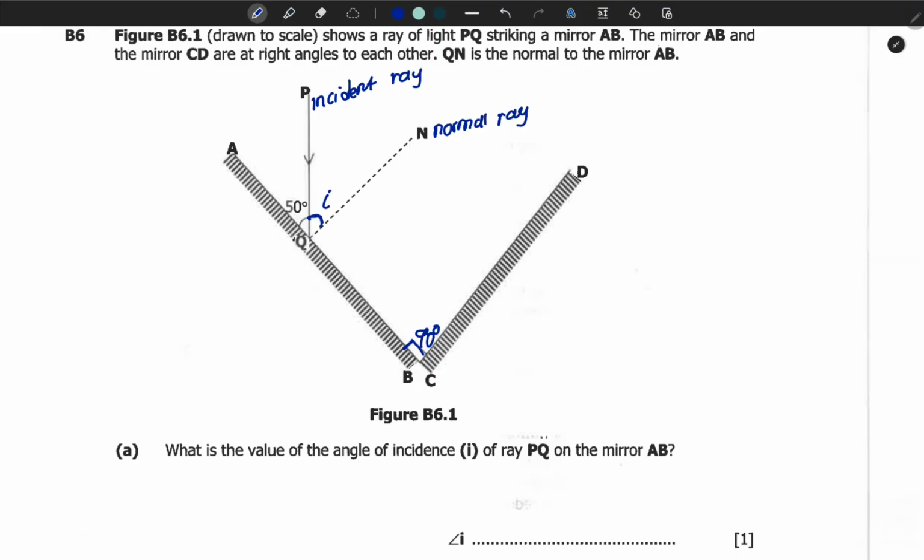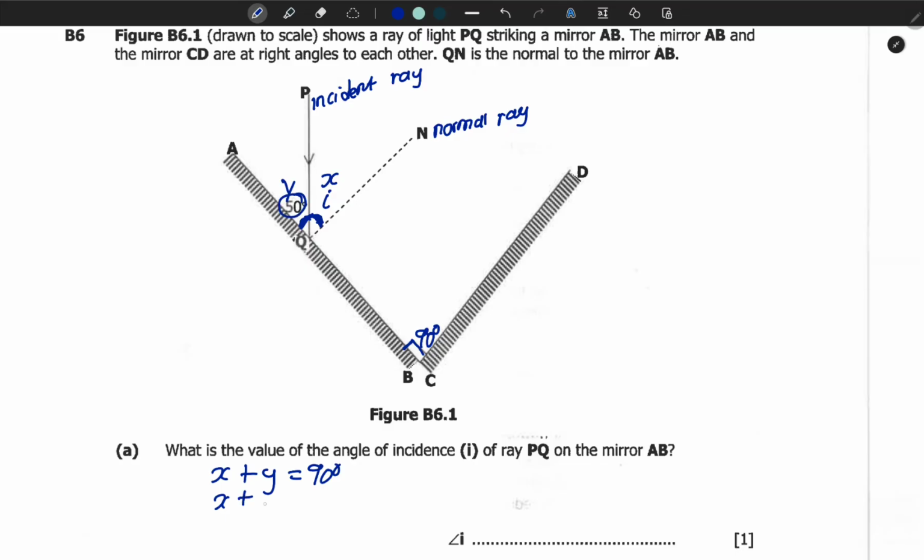Now remember that the normal ray is perpendicular to the reflecting surface, which simply means that here the angle adds up to 90. So if we have angle Y and angle X, the sum of these two angles adds up to 90. So X plus Y is equal to 90. So what's our Y?